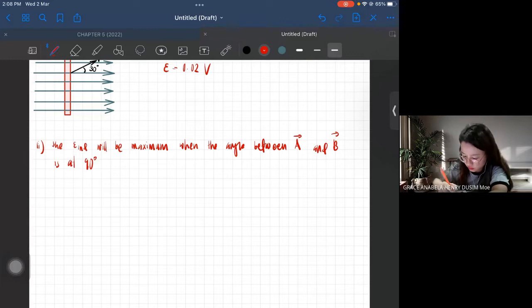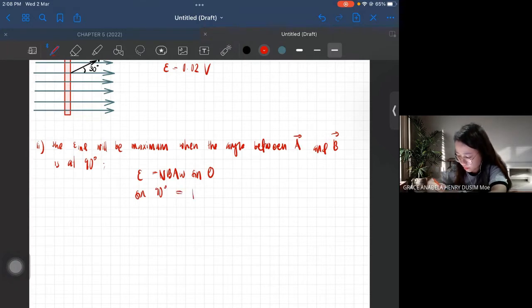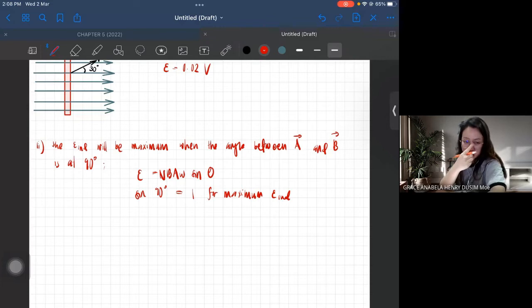Okay. So, maksudnya NBA omega sin theta, ni sin 90 degree should equal to 1, 1 untuk dapat maximum induced EMF. Okay? So, kamu boleh tulis ataupun lukis lah orientation dia.